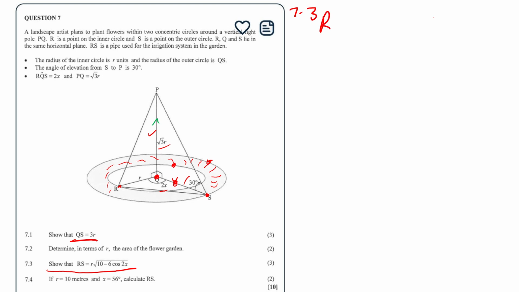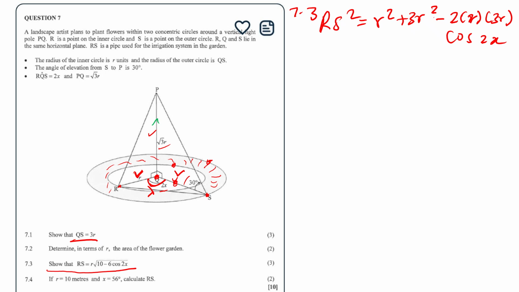So RS squared is equal to r squared, this is our r squared, using the cosine rule, plus 3r squared minus 2 times r times 3r cos of 2x. Very good. So this is the cosine rule. We have this, and we also have our angle over here. Therefore we can find RS.